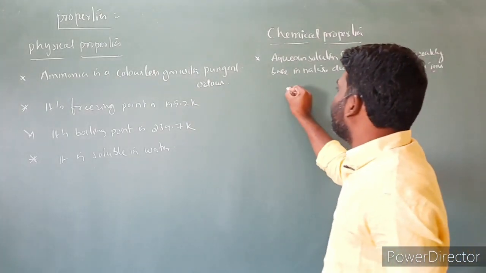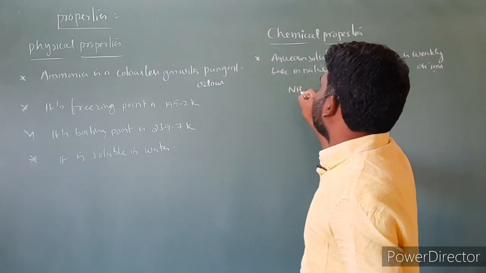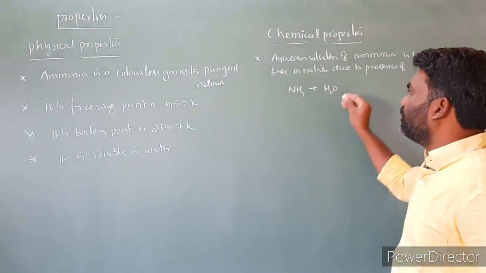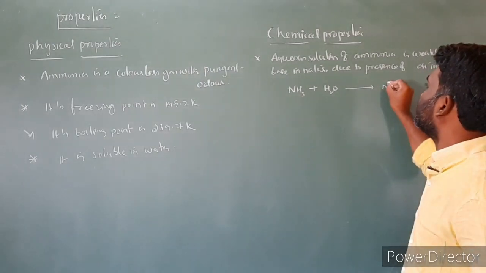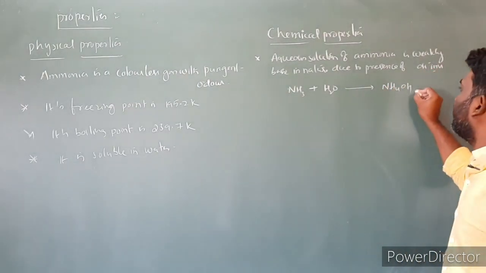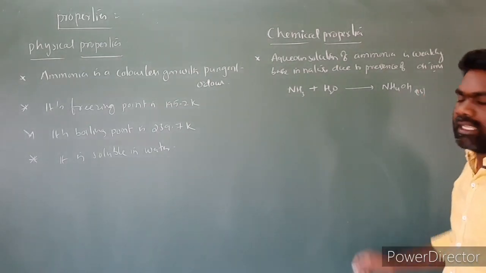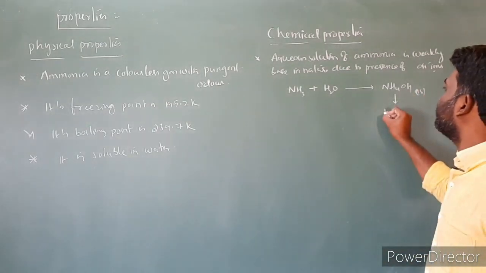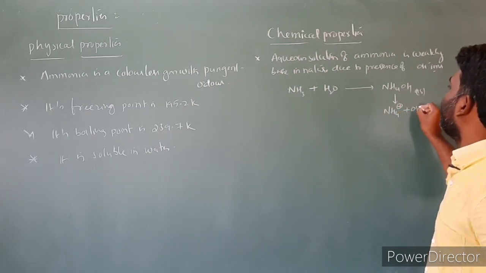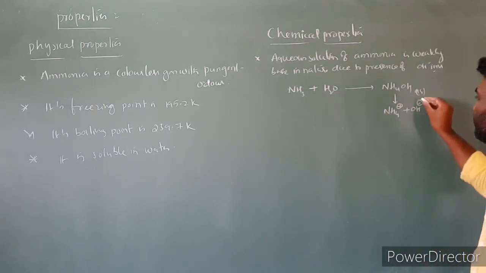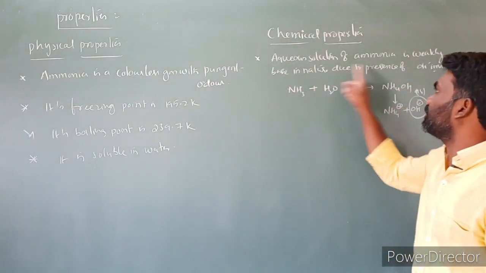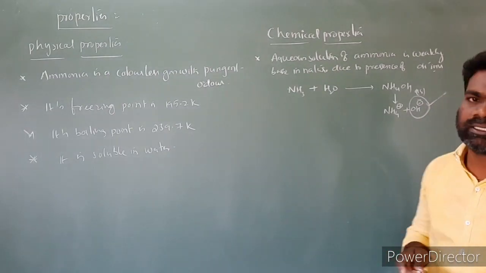What I mean is, I am taking ammonia, NH3, dissolving in water. Whenever ammonia is dissolved in water, the product is ammonium hydroxide, NH4OH, in aqueous solution. This ammonium hydroxide dissociates into NH4 plus and OH minus. Due to the presence of this OH minus, the aqueous solution of ammonia is basic in nature.